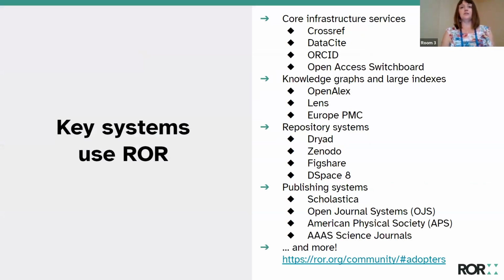Here are just a few. We already saw the relationships in the DataCite metadata. There's also Crossref and ORCID, our major identifier systems that have built that in. But also knowledge graph systems, repositories, publishing systems, and so many more. And every month they have a community call and announce more major adopters. So they have a really good following.